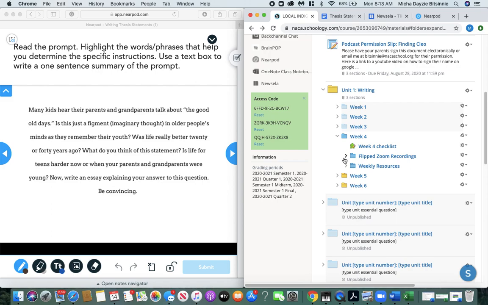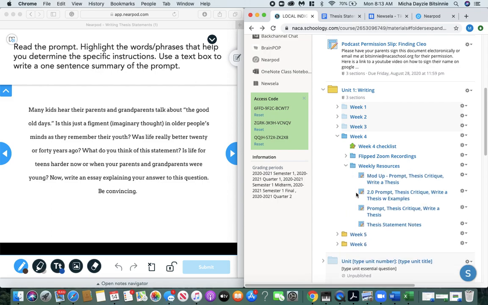If you go to your weekly resources in week 4, you are to choose one of these, or you only have one showing up in your week 3.